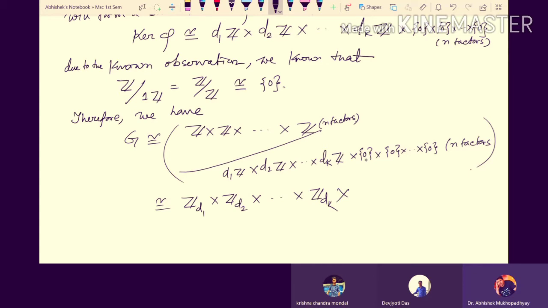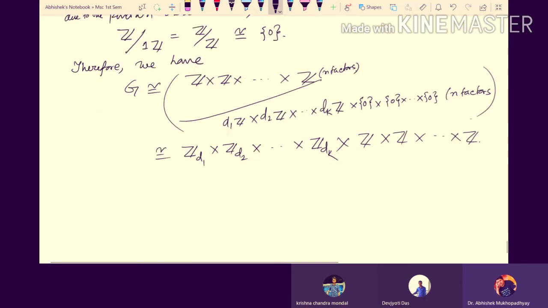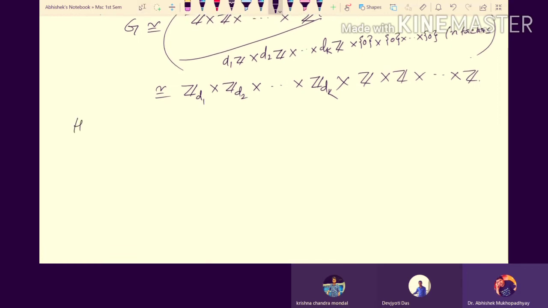Cross, now Z by 0 is isomorphic to Z, so it is Z, Z, Z. So hence we have proved that. So hence we have the following theorem.